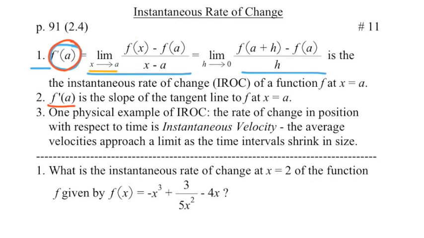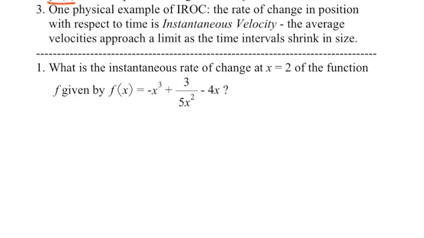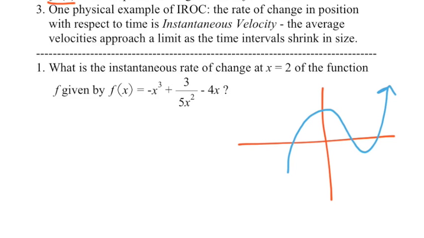So if we have a function that is measuring the position of the roller coaster, and we want to look at that time interval, and then we want to get that to be a closer time interval, and then an even closer time interval, and then a closer time interval.